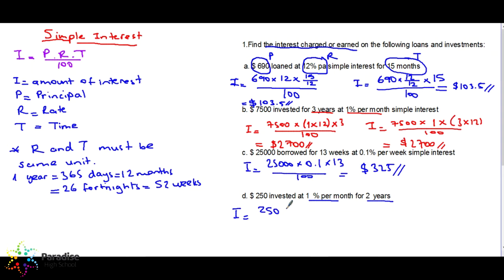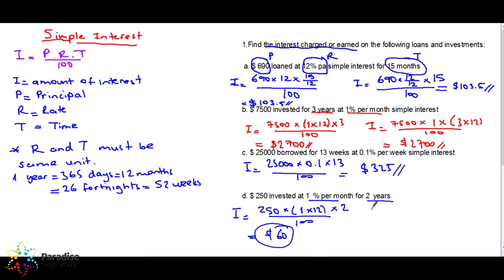$250 invested times, that's my capital, this is the P. If it is 1% per month, in 1 year, 1 times 12, you will get a 12% interest rate, for 2 years, divided by 100. So the result will be 250 times 24 divided by 100. That makes $60.